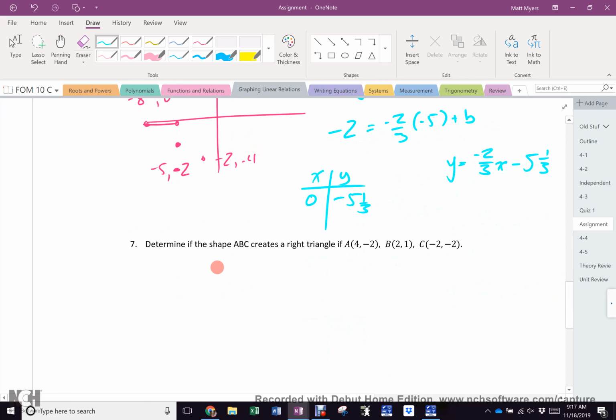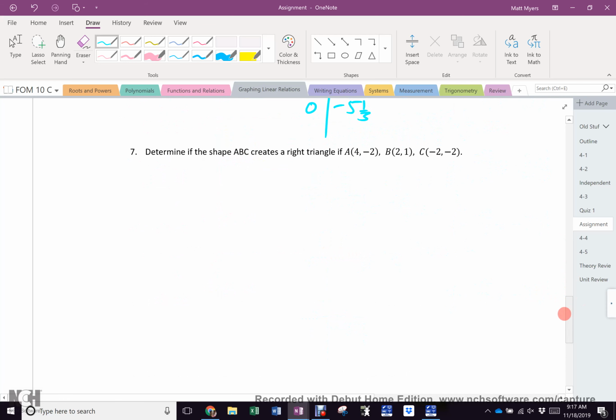Determine if this is a right triangle. Well, if you're Addison, you checked all the slopes. And that's a pain, isn't it? Yes. So, of course, you graph it first. Negative 4, or 4, negative 2.